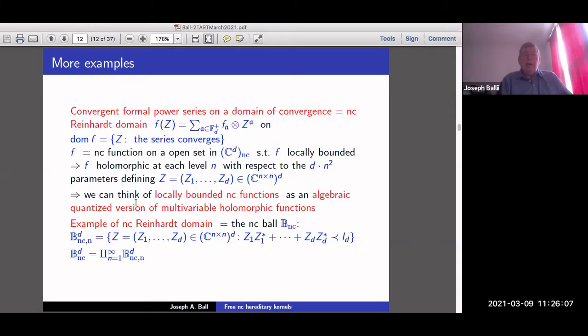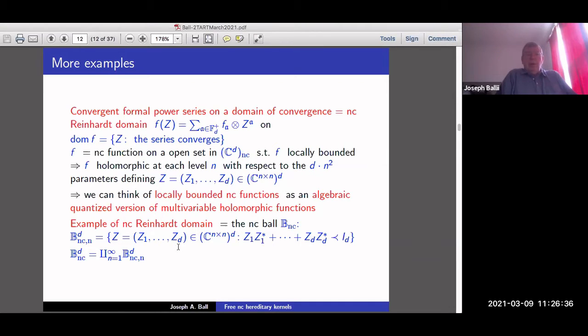So therefore, we can think of a locally bounded non-commutative function as a quantized version, namely you consider it acting on matrix arguments of a multivariable holomorphic function. And the natural domain of convergence for such a power series is what we'll call a non-commutative Reinhardt domain. And one such domain where lots of work has been done is the non-commutative ball.